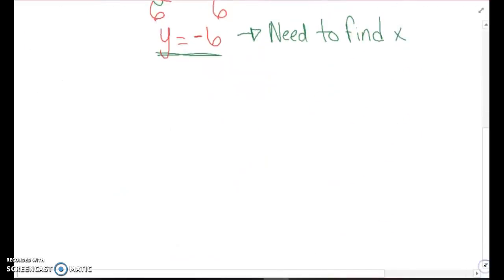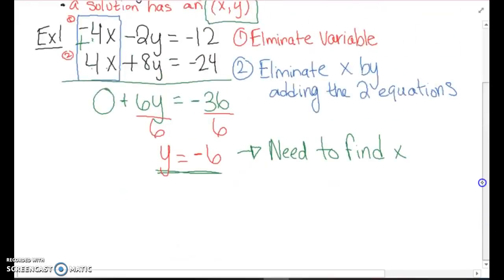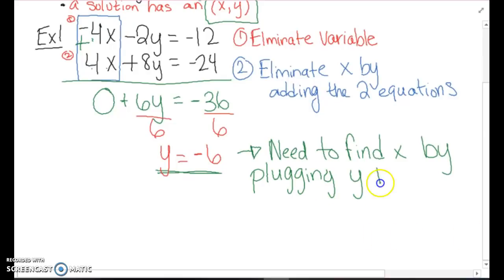And how are we going to find x? We're going to find x by plugging y back into the equation.